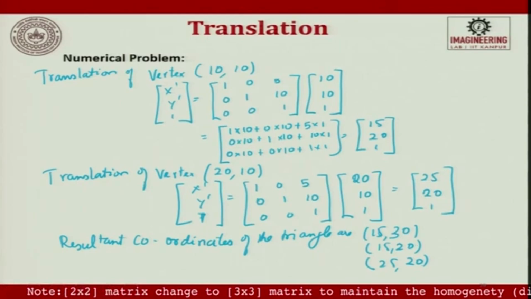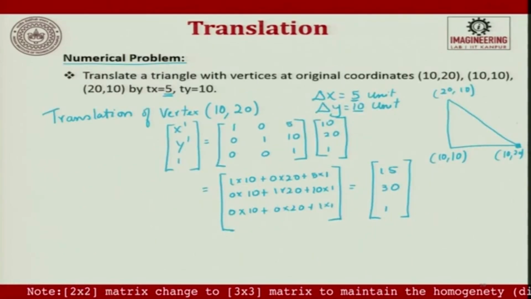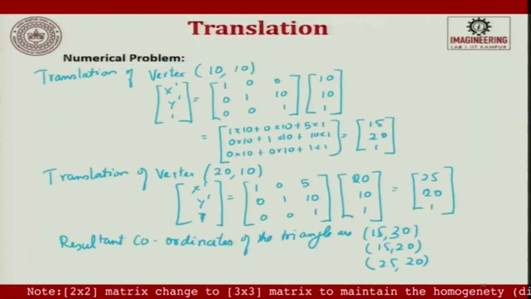We have translated the triangle in the x direction by 5 units and in the y direction by 10 units, and finally what you get are these coordinates for A, B and C.